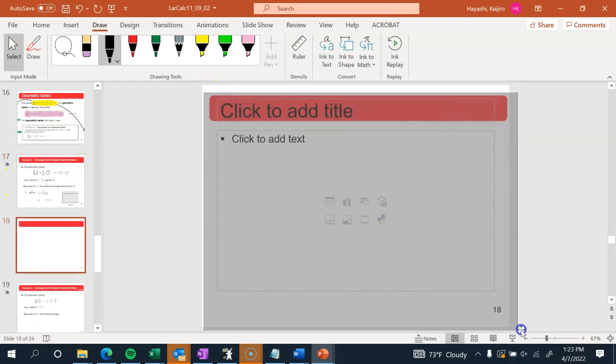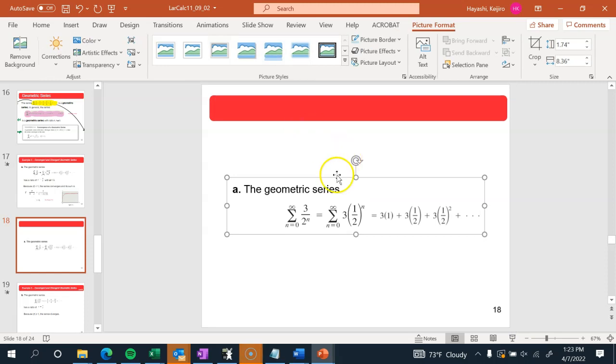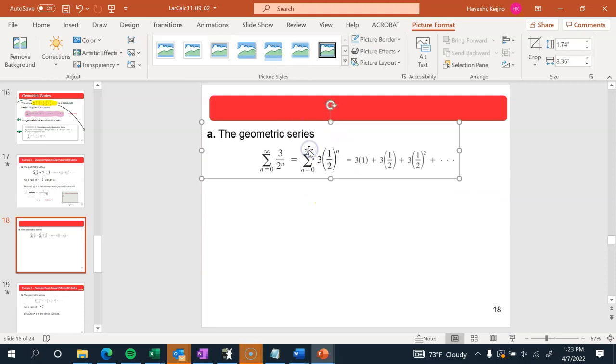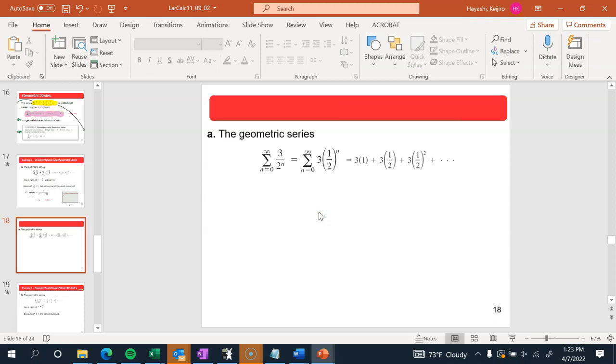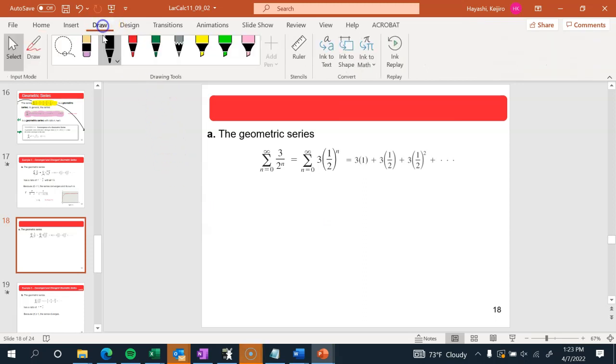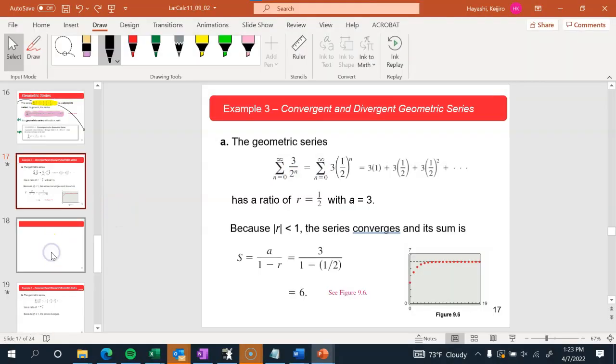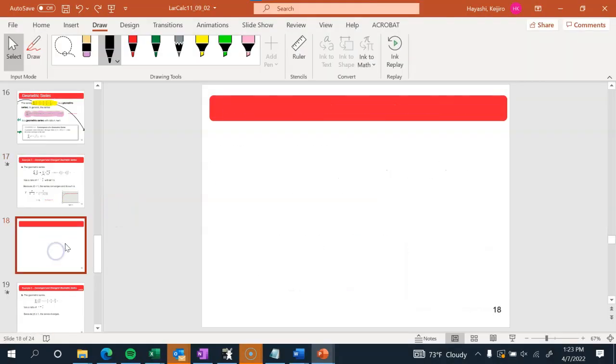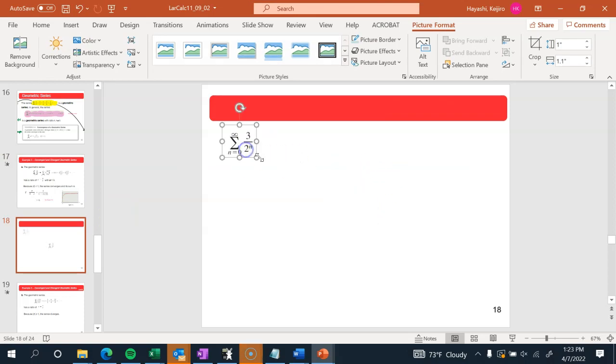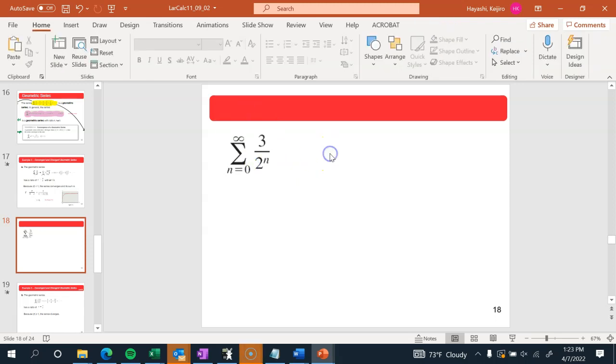Okay, so we'll test a couple of geometric series for their convergence or divergence. Let's just take this: the infinite sum, starting at 0, going to infinity, of 3 over 2 to the n.